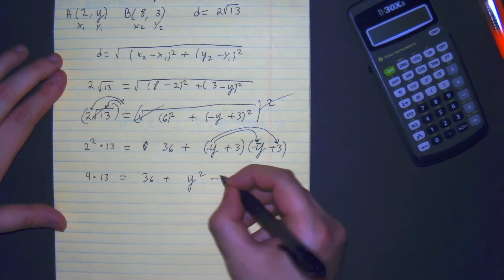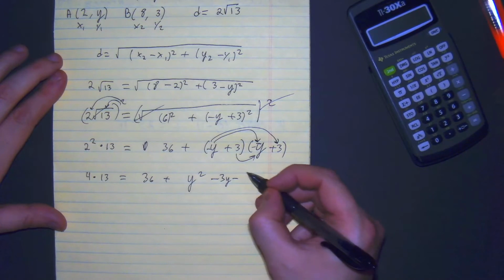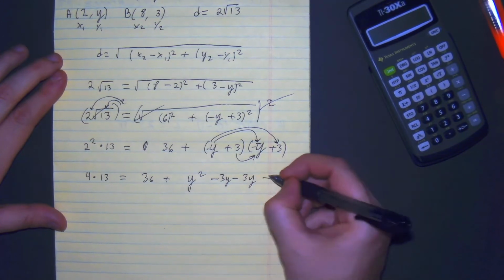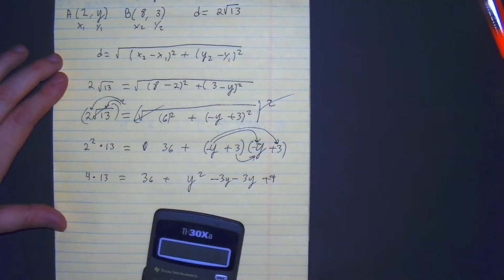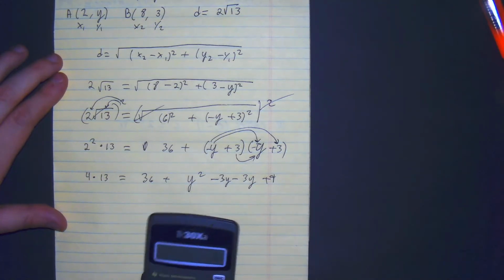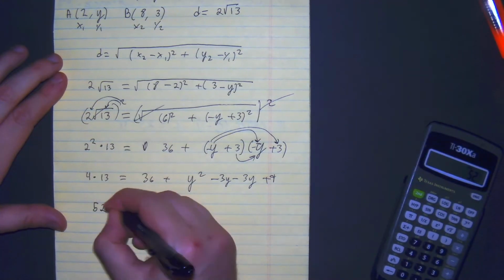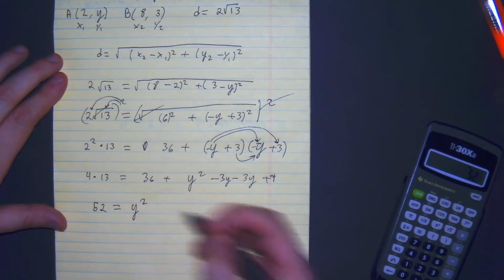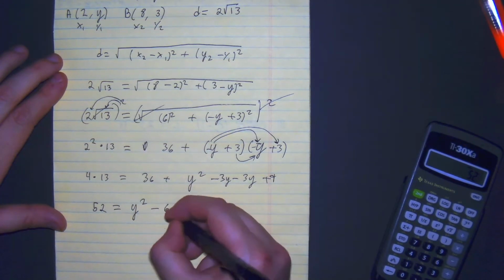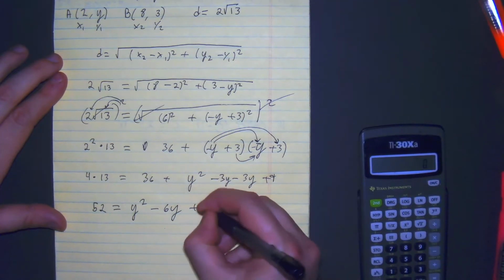We get negative 3y, negative 3y, and then plus 9. 4 times 13, 26, 52, I think. Yeah, it's 52. Then we have, put in descending order, y squared minus 6y plus 45.